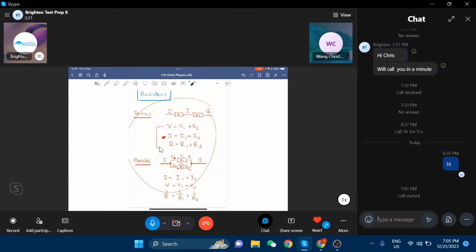Can you just say it once more, please? The sum of the currents of each loop is equal to the current at the main electric cell. Yeah, exactly right. Like you said, you can say either split or sum.